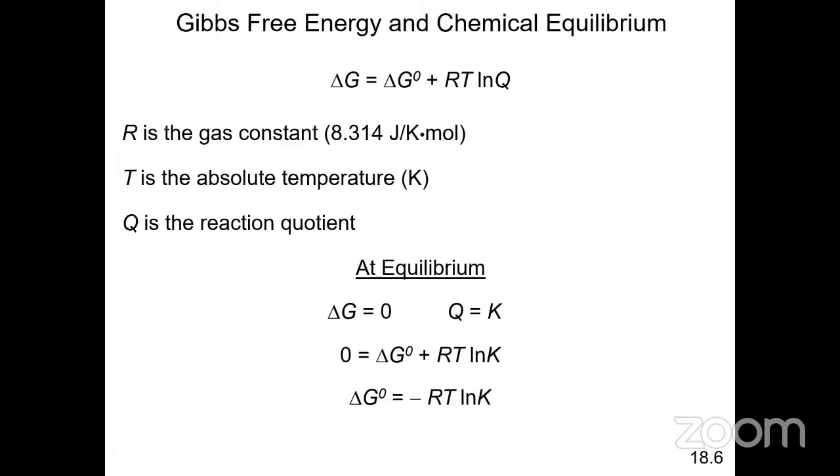So we can rearrange it to get delta G standard is equal to minus RT ln K, all right? So basically, we can calculate the standard delta G value for a reaction if you know what the equilibrium constant is for that reaction at a particular temperature.